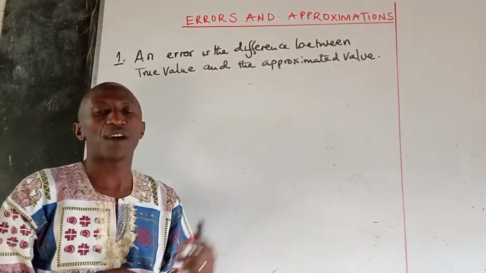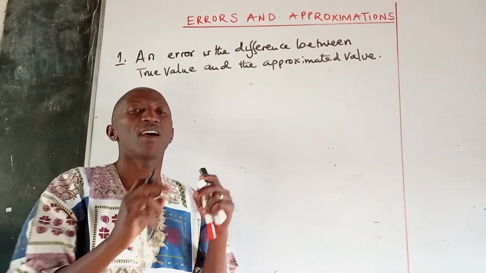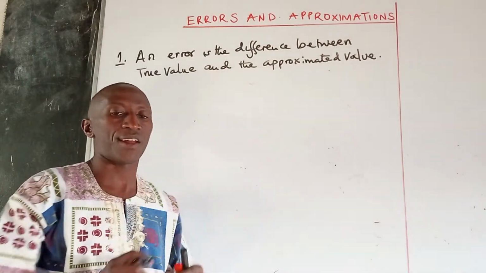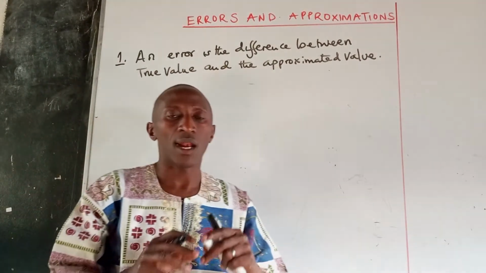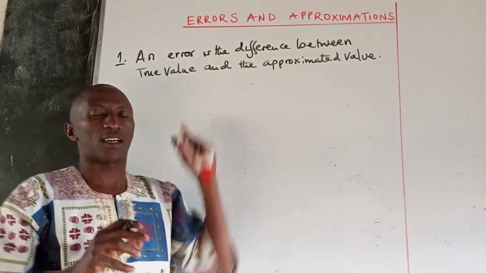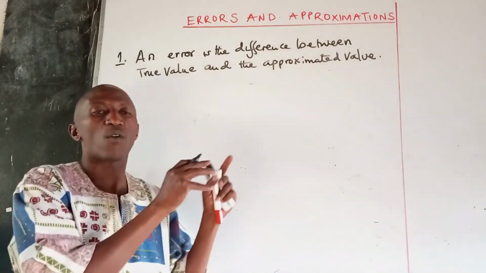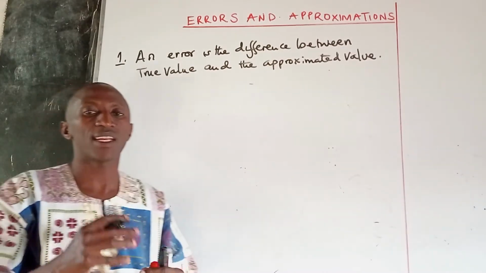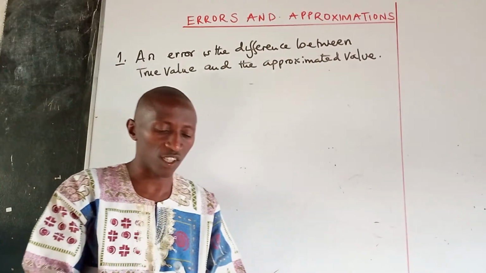Normally, you may approximate a value and it becomes slightly bigger than the original number. That difference is the error. That is the basic understanding of the word error. We shall look at other areas whereby errors originate from.